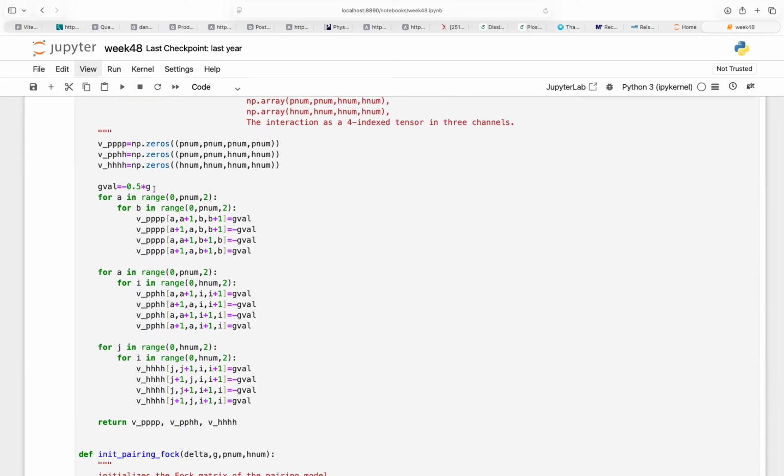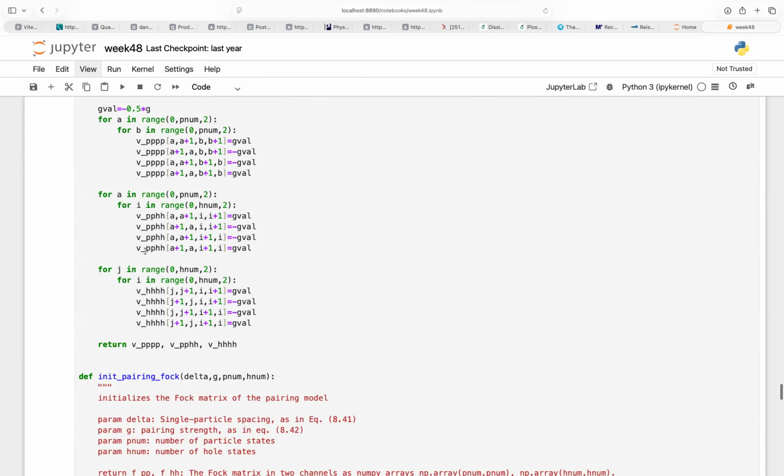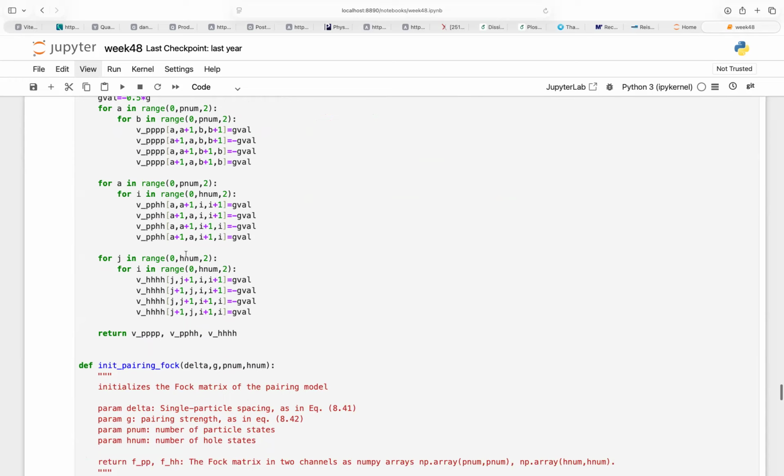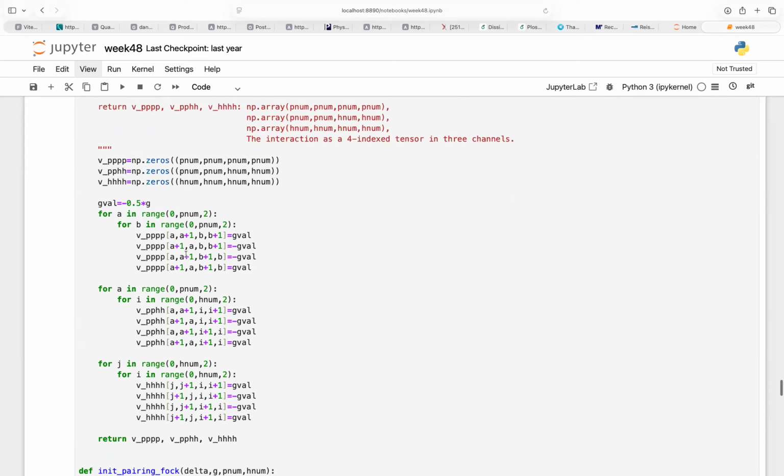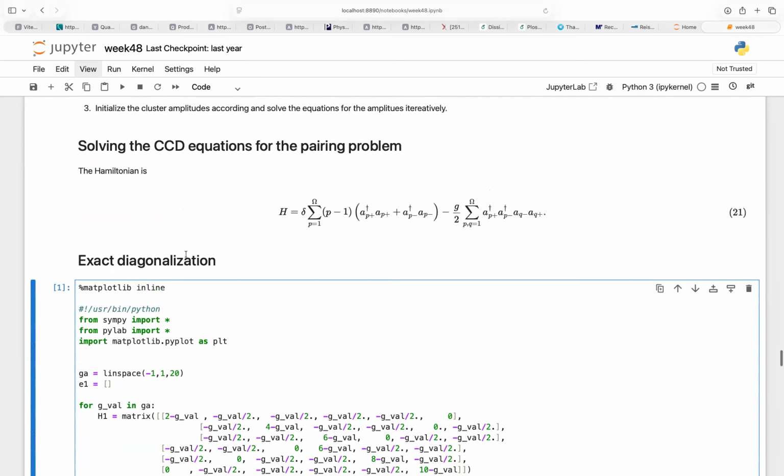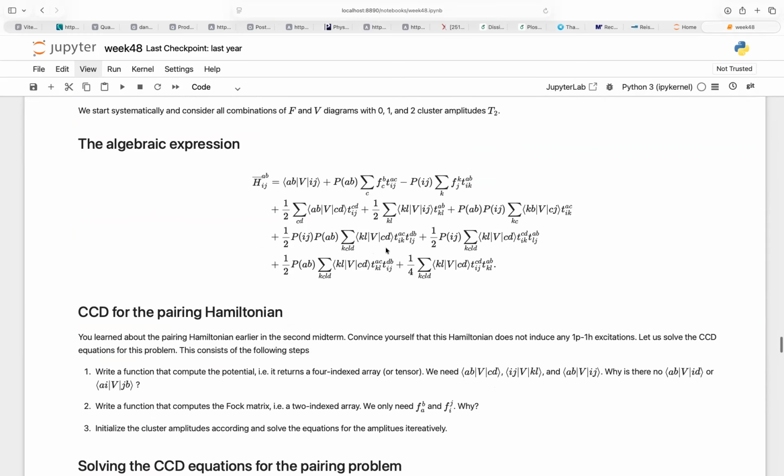You see the value 0.5 times G. And then we are setting up a matrix which contains the particle to hole hole, hole to hole hole, etc. So this just sets up what we might call the Hamiltonian matrix, because the way we run the calculations here is that everything is written in terms of matrix multiplications.